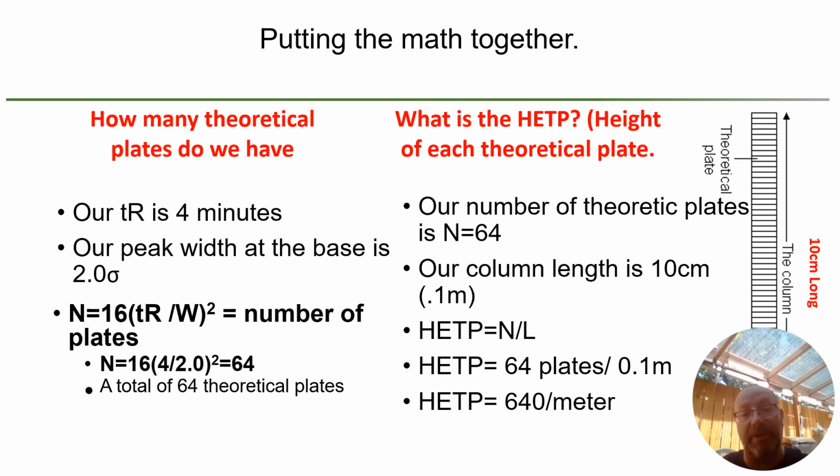Since it's a Gaussian peak, that's why I use the example here of 2 standard deviations, because what we're measuring is the width across the z-score at the bottom of that distribution. So if we do the math here, we get n equals 16 times 4 divided by 2 squared, which is 64 theoretical plates. So now if we take that math and plug it in, we can figure out what the height of each theoretical plate is.